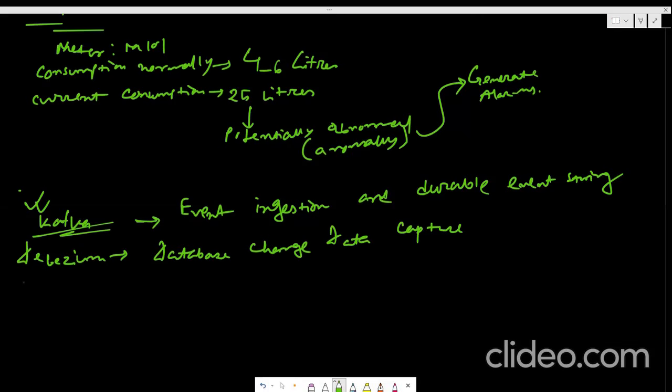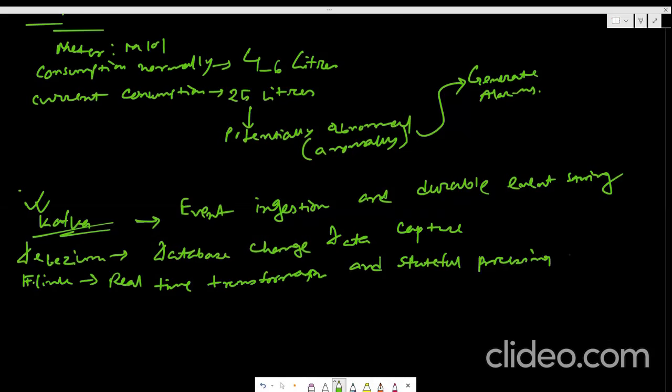Next, the technology is Flink, which is our main role or key area. That is for real-time streaming or real-time transformation. And I have told you Flink is stateful, so stateful processing. Clear?